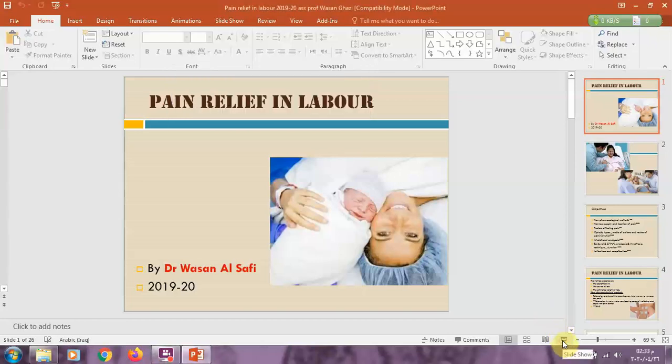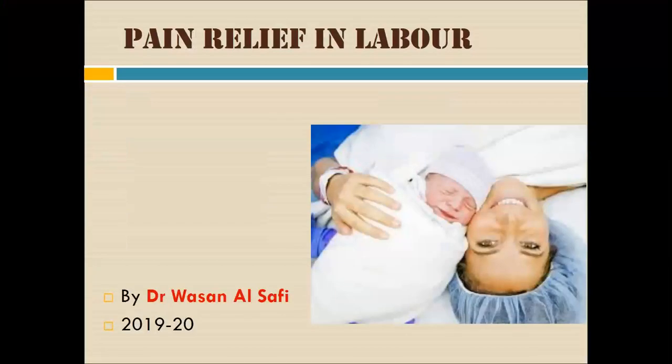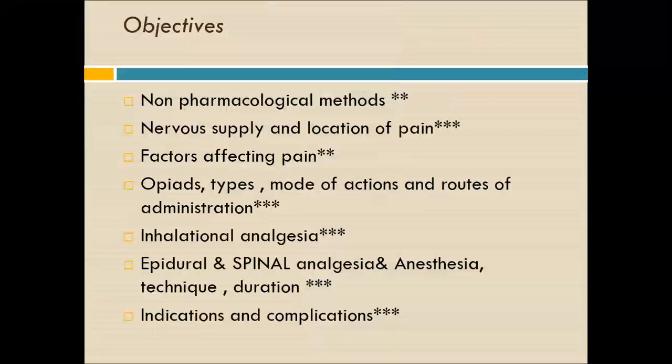Our lecture today is about pain relief in labor. The objective of this lecture: students should know the non-pharmacological methods. They should know the nervous supply and location of pain.